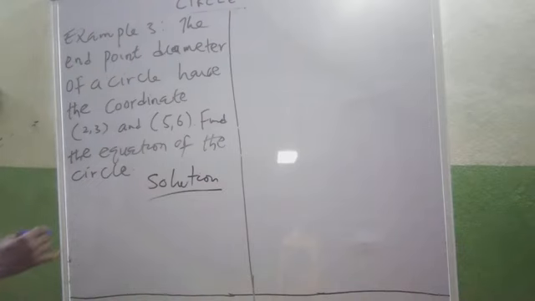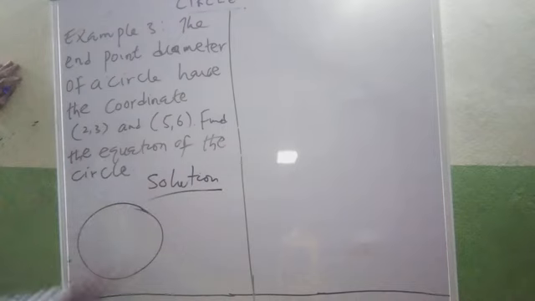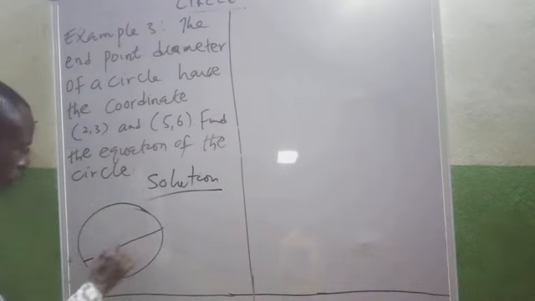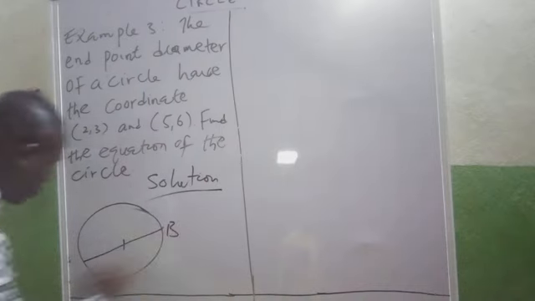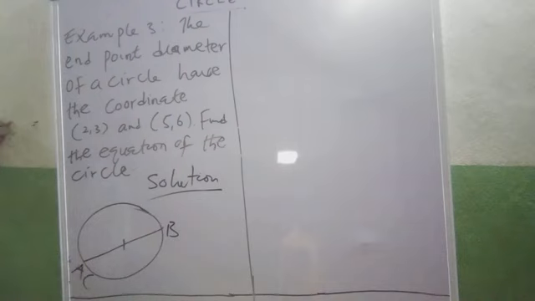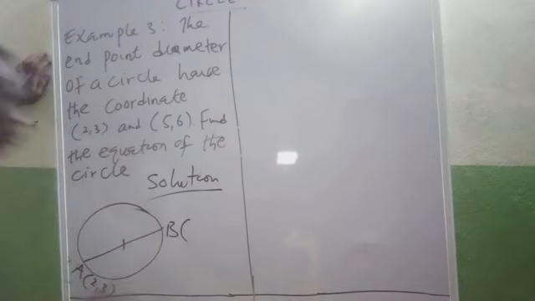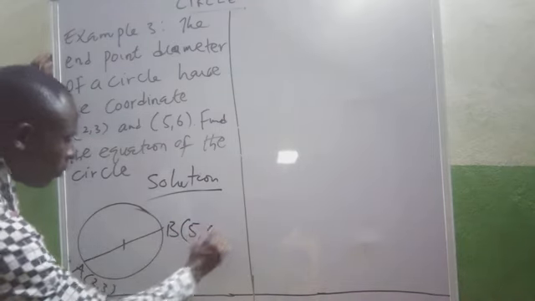First of all, let's draw the circle. This is the circle. This is the diameter. The endpoints, let here be A and here be B. So the coordinate at A is (2, 3), while the coordinate at B is (5, -6).